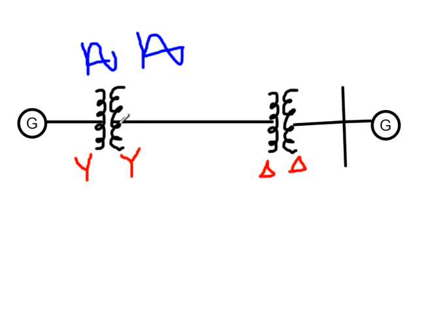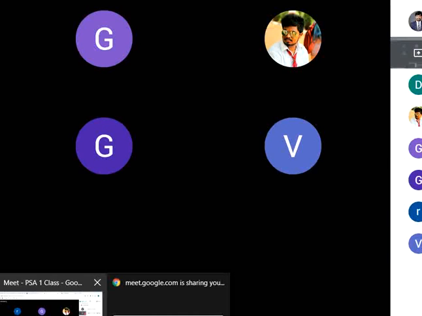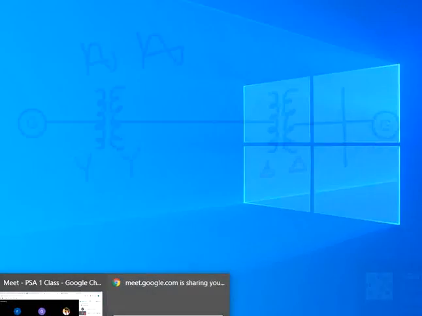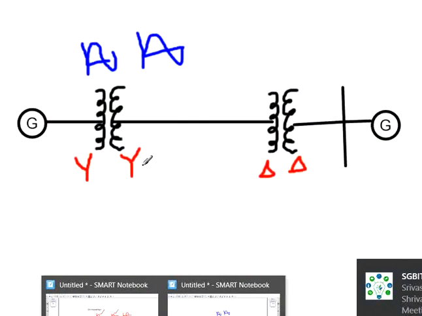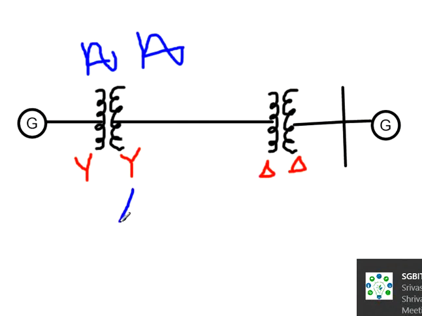But if I connect a delta here instead of this star, and this is star, then definitely there is a phase shift between the primary and secondary.